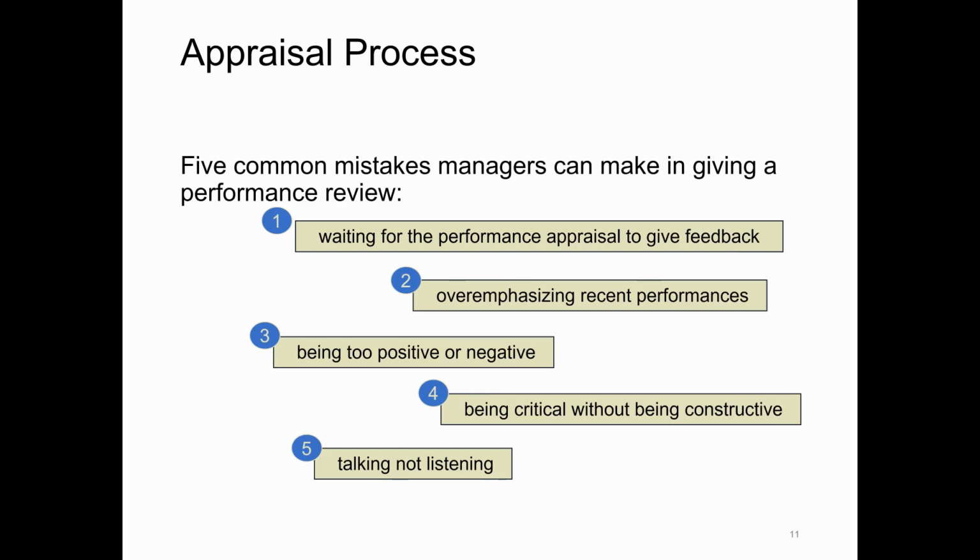Number two, overemphasizing recent performance. Employees are judged on the performance they have given in the recent past, and it can go both ways, positive or negative. However, performance evaluation should not take account of only the recent performance.